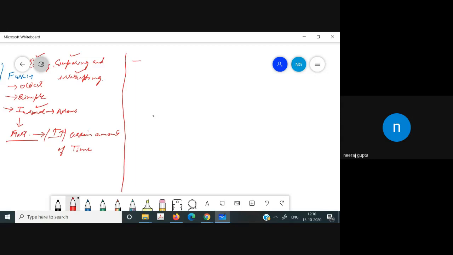So we will have the thermal relays. The main principle of this thermal relay is that we have a bimetallic strip, that is, two metals are there in that.